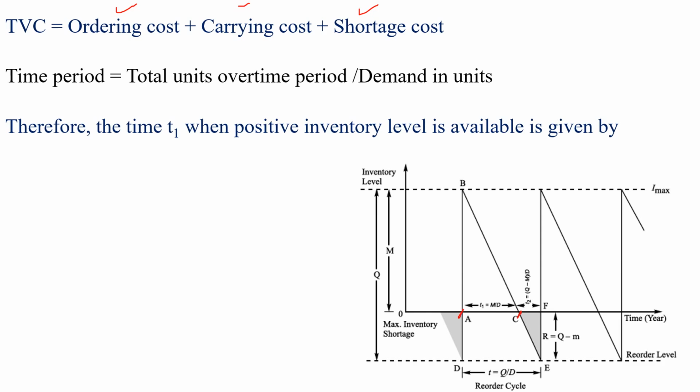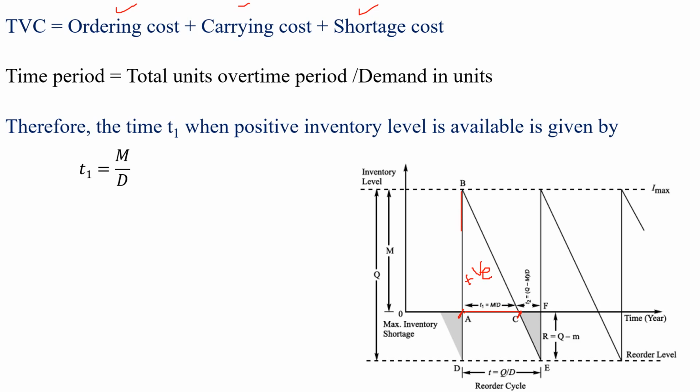In the time T1 we are not allowing shortages and we are maintaining a positive inventory level. So T1 will become the total units over the time period.